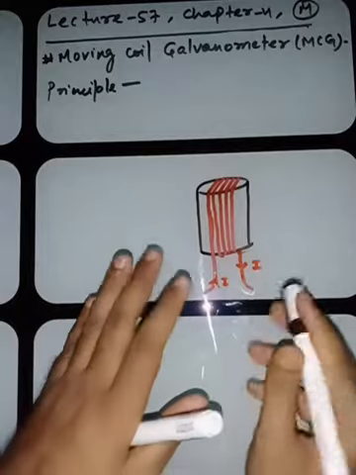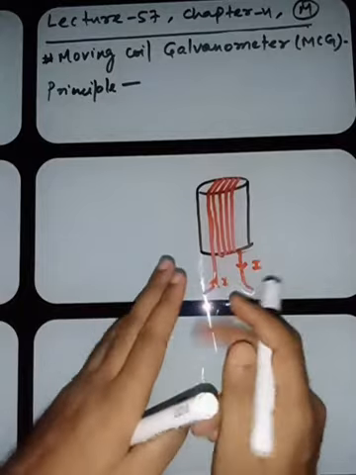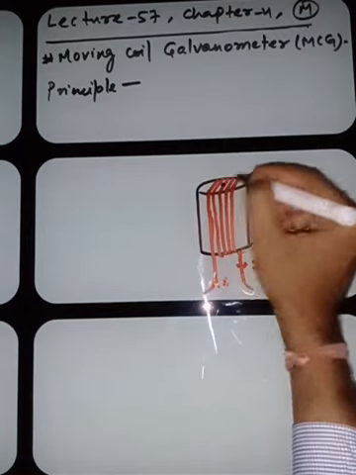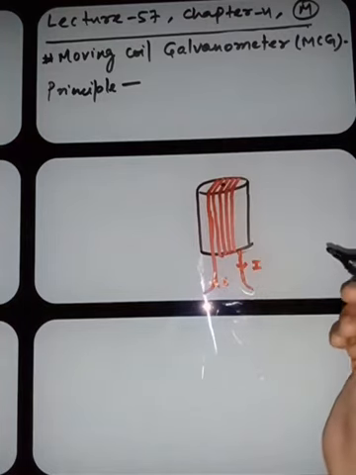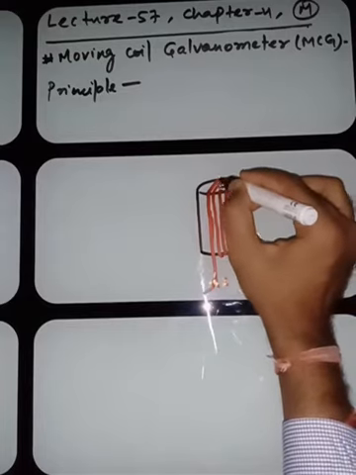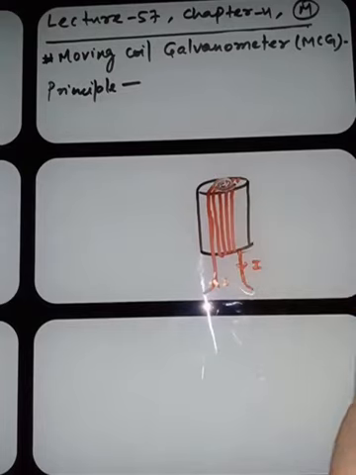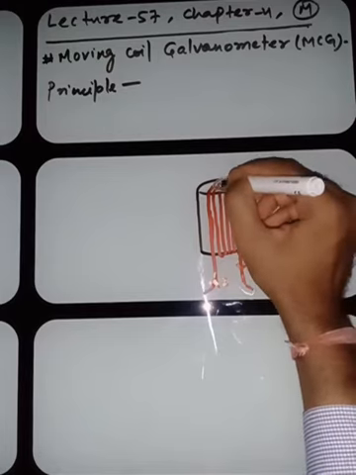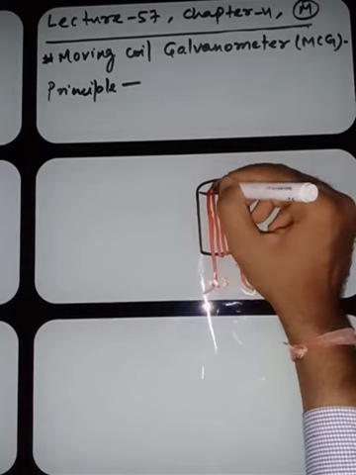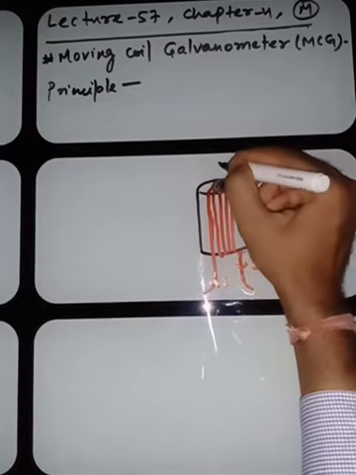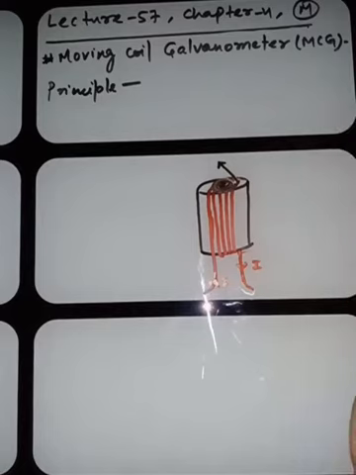Now, this entire setup consists of a spring over here. A center tapped spring is connected. This one is a spring, and this spring is connected over here, and this spring has a pointer. This one, this pointer.